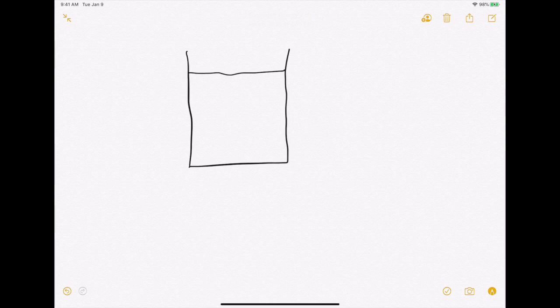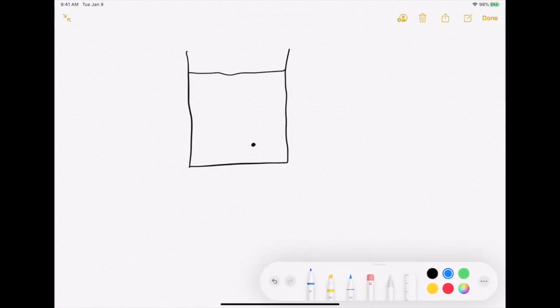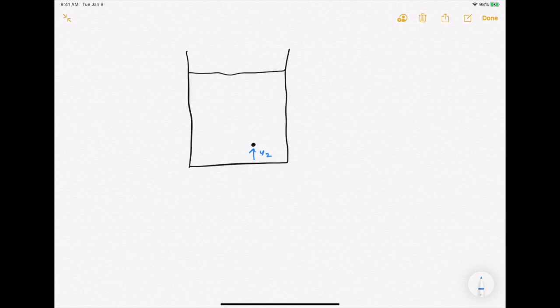So suppose you have a container filled with some liquid, and let's say that this is the height y2, and this point is at a height y1.